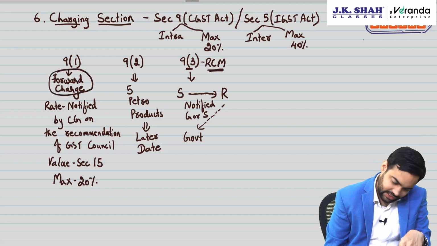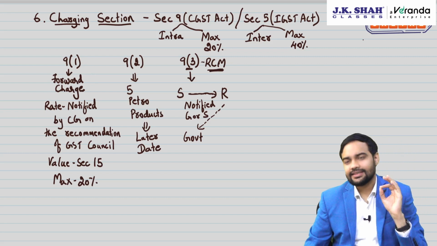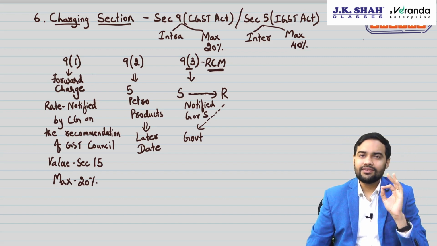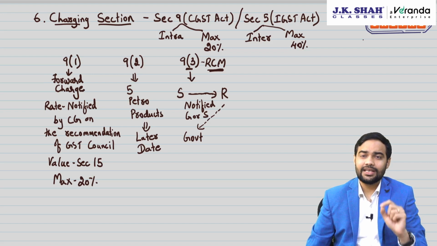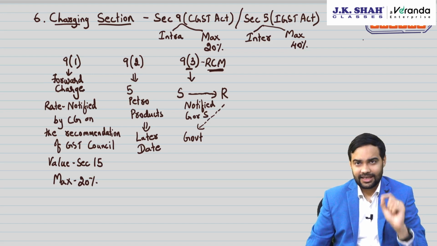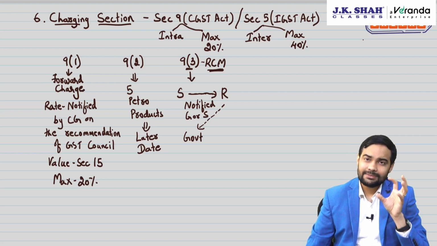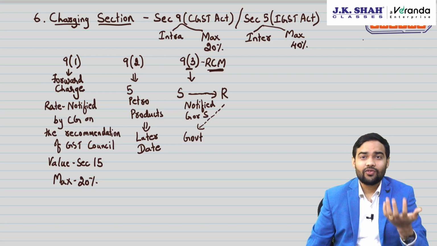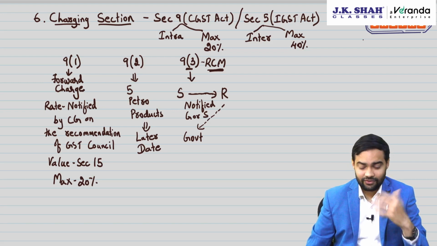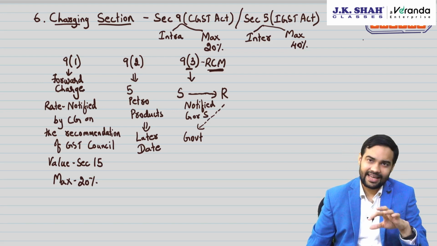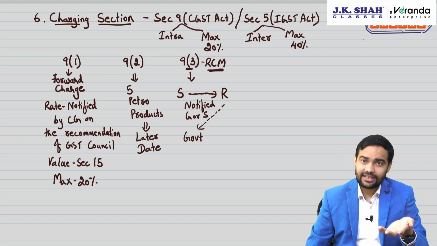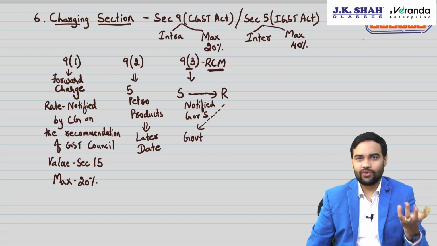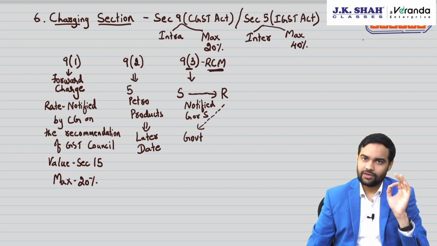The winning answer is RCM, because if some supply is covered under 9.3, then it has to be a case of reverse charge mechanism, because specific provision will override general provision. So which is the specific provision? 9.3. So we will first go by 9.3. If it is not covered by RCM, then by default it will be a case of forward charge.